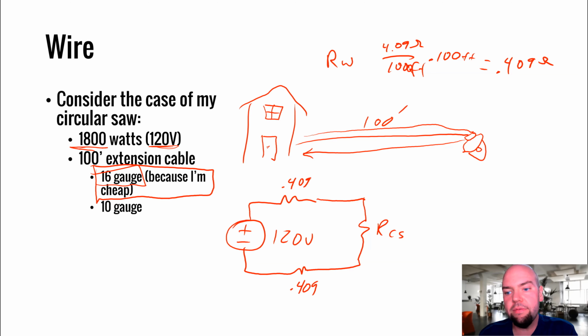And now to do this analysis, what's the resistance of my circular saw? Well, we're going to find that by sort of looking at the power and going backwards.